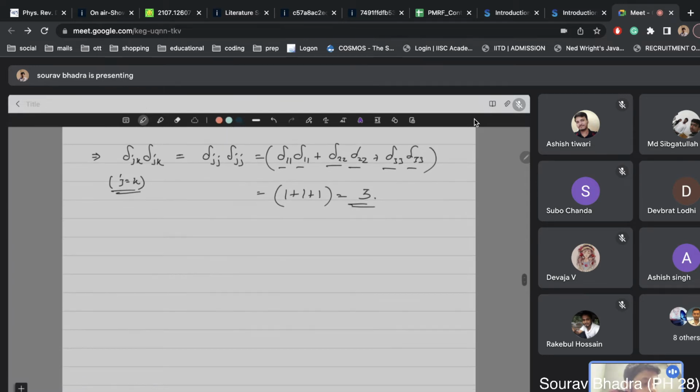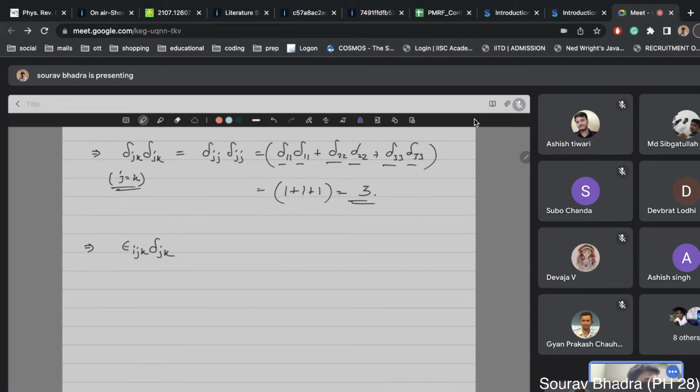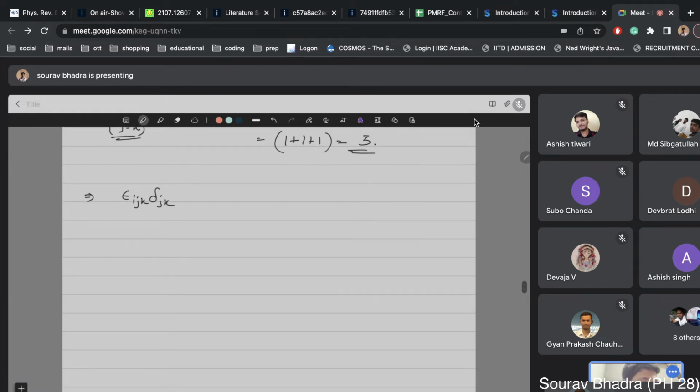Okay. Now another application is a product between the Levi-Civita symbol ijk and delta jk. Let us define the Levi-Civita symbol. The Levi-Civita symbol can have the value 1, minus 1 and 0.